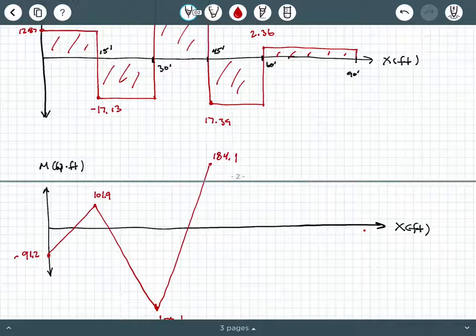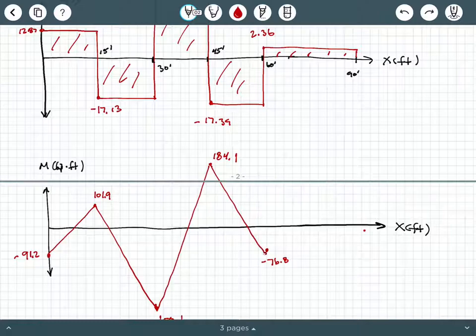And then we hit this negative area, so we say minus 17.39 times 15. So that brings me to a negative 76.8. So that's going to be about right here, negative 76.8.